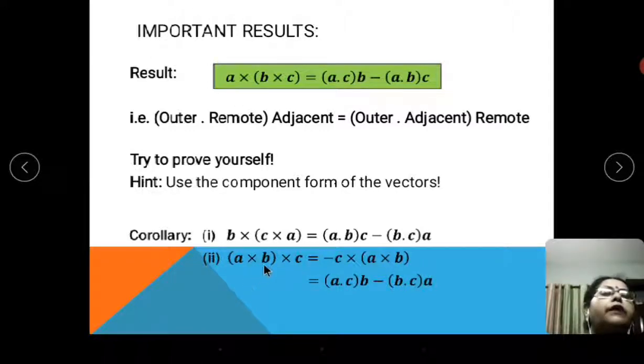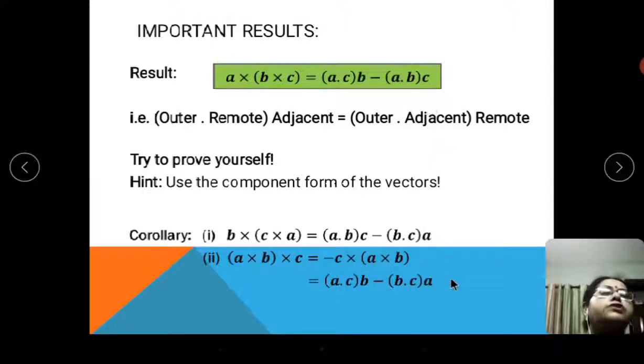Now first of all, (A cross B) cross C, using the anti-commutative law, is minus C cross (A cross B). So we have a minus C in hand, and now if we apply this outer dot remote formula, we will get this result. So if we compare this actual result in green with this, the first terms are the same, (A dot C)B, but the second terms are different.